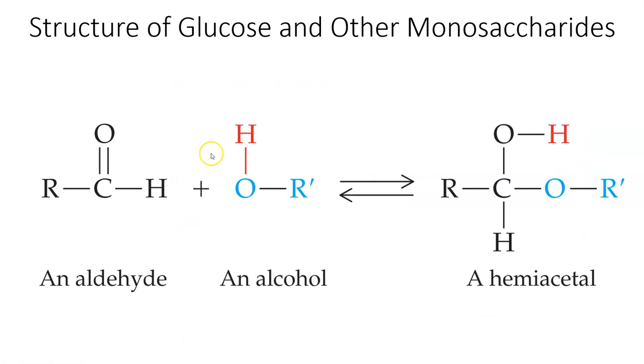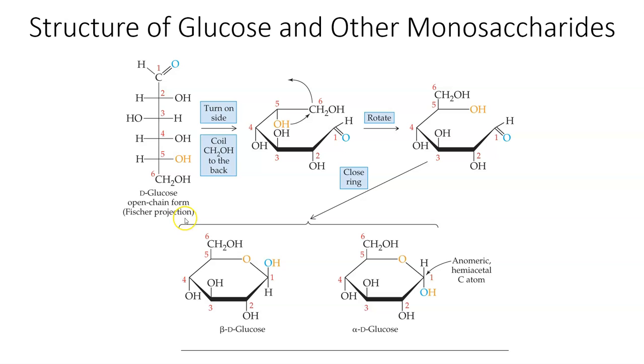So we have had a discussion about some of the chemical reactions that can occur between these different types of compounds. If we have an aldehyde and an alcohol, these can react and interact in forming a hemiacetal group. And this is an important structure that's going to be seen a lot in our carbohydrates.